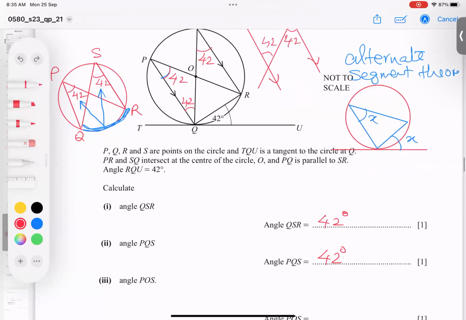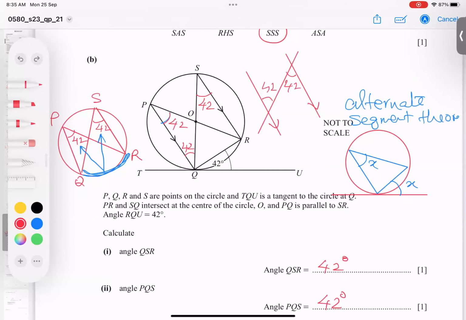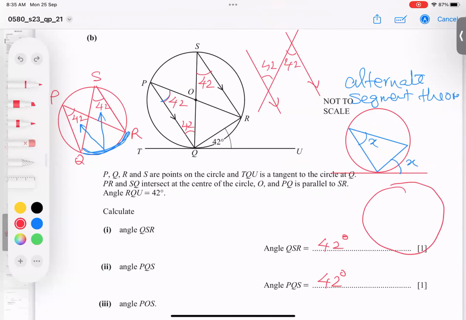What is the method, students? We can do it two ways, but I'll tell you the easy way. Whenever we have a center and an angle at the circumference, with center O, and this angle is 42, this angle is double. So 42 into 2 is the circle formula.